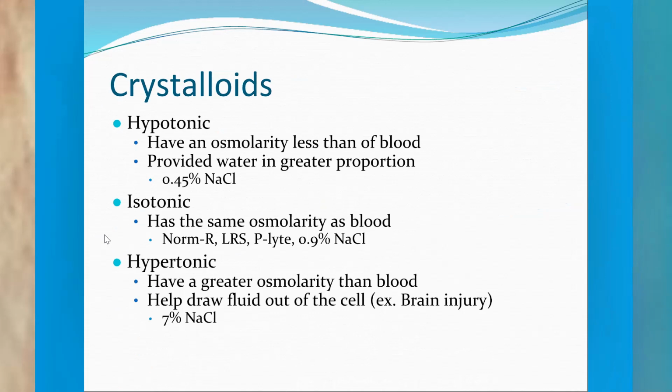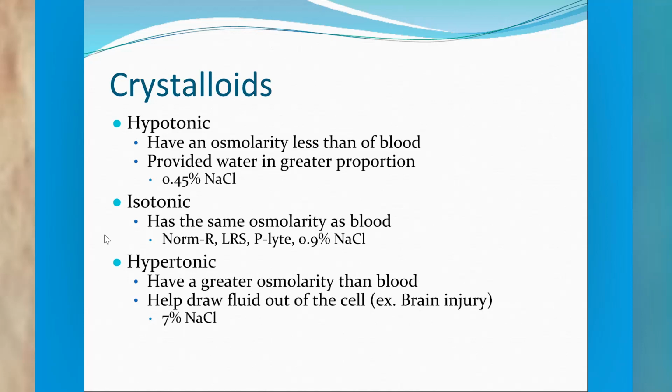So in our crystalloids, we have different types of crystalloids that we use. And we have hypotonic crystalloids, isotonic crystalloids and hypertonic crystalloids. So these are really important also to know because we do talk a little bit about these in some of our calculations. So hypotonic crystalloids, essentially what they're going to do is pull fluid out of your cell.